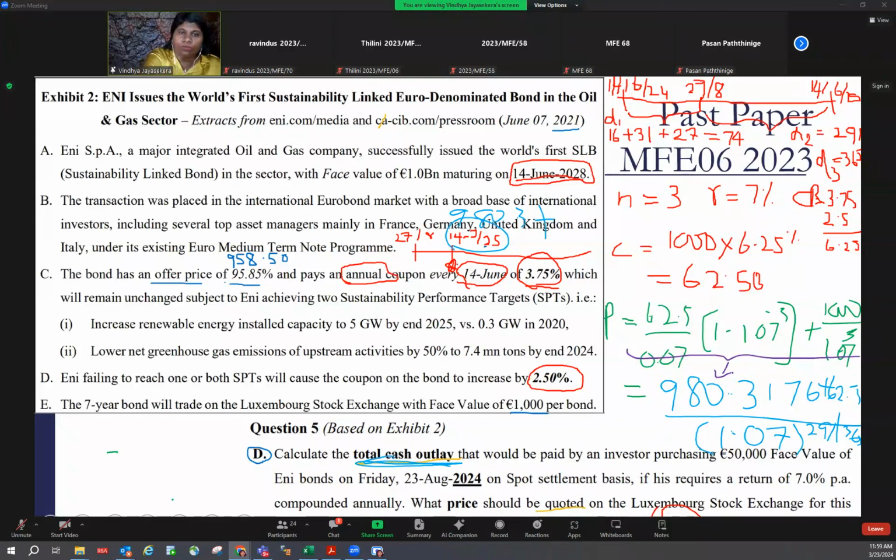You discount it to this point. Madam, a small question. When we go on to decimal points where we say 1.07 into the power minus 3, that figure also we'll have to stop at four decimals, is it? No, it depends on what your last answer is going to be.